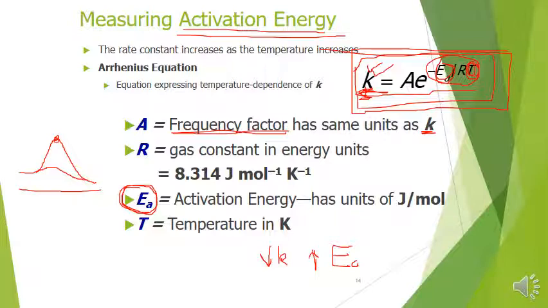Also in this equation, if you increase the temperature, you will increase the rate constant. And also if you increase A, it will also increase. That's all derived with that in mind. So just know those are the relationships.